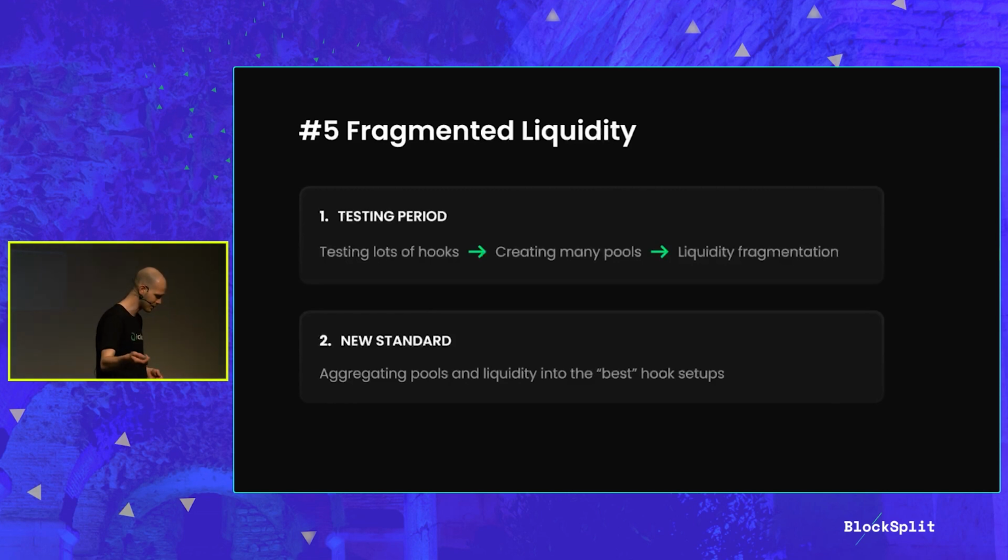You could also have, for example, stable coins which might use completely different hooks. So over time, we will see aggregation of all the pools, and eventually we will still have iterations because new hooks will come out, but eventually we should have a small set of pools that are going to be much more efficient than what we have today.